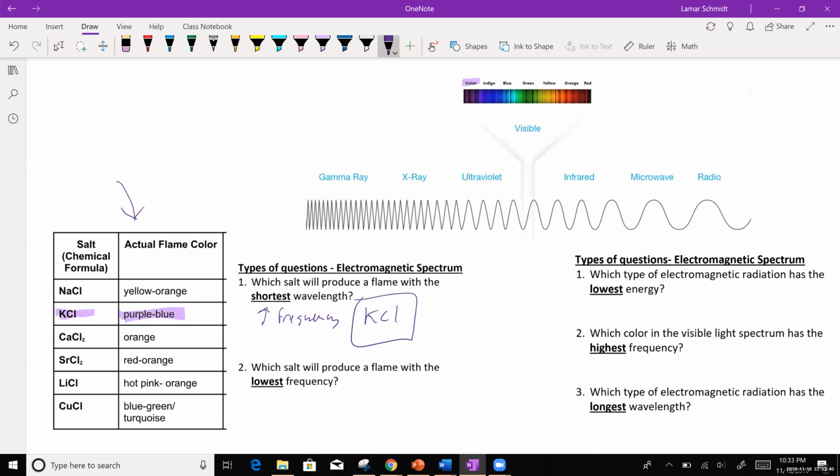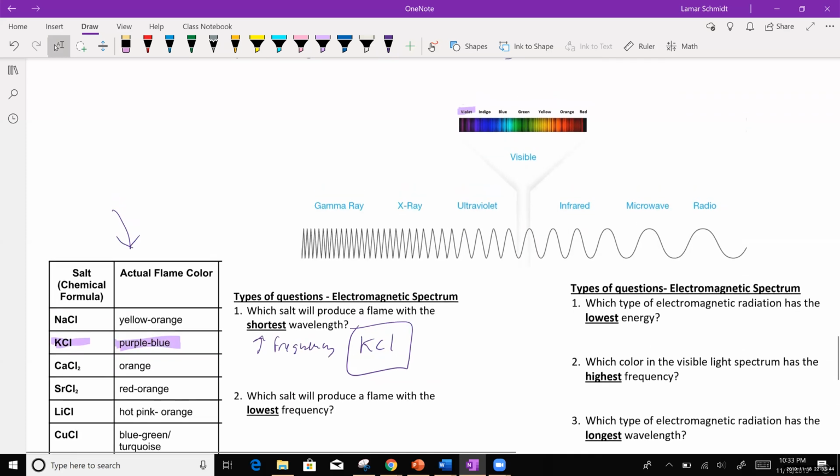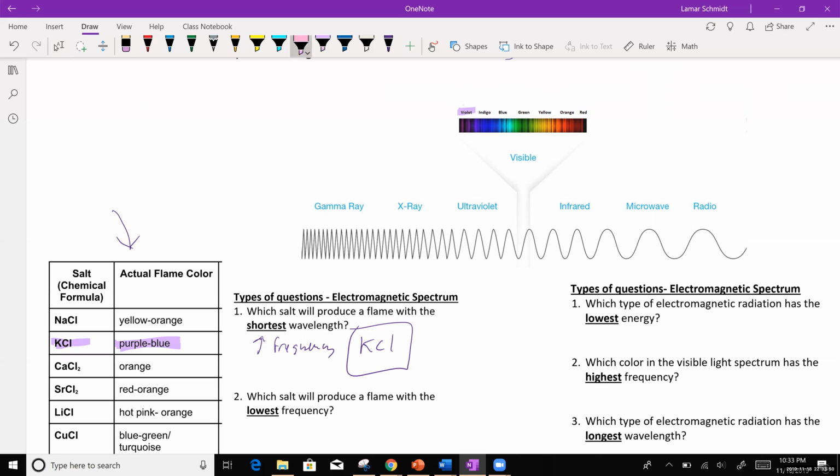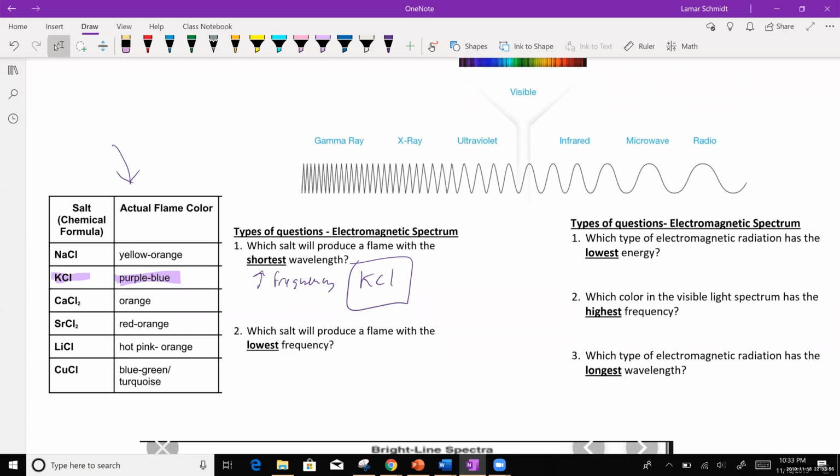It says which salt will produce a flame with the lowest frequency. Well, which color has the lowest frequency? What you should see here is that that is red. Do we have anything that has red? The answer is yes. So we see strontium chloride.